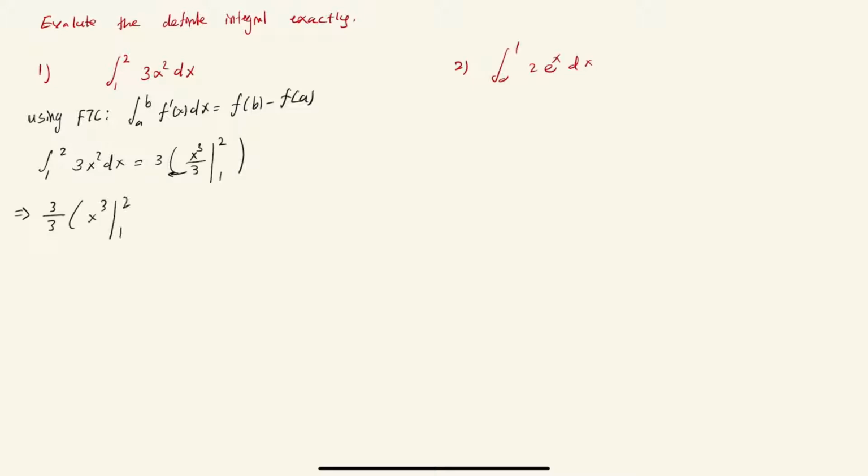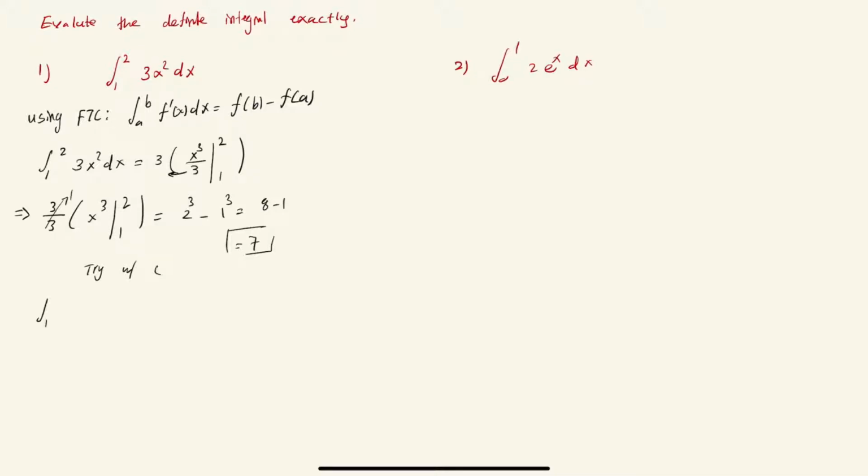Then we have just x cubed, evaluated at 2 and 1. That equals 2 cubed minus 1 cubed, which is 8 minus 1, equal to 7. Notice that the resulting value of the definite integral is just a number.